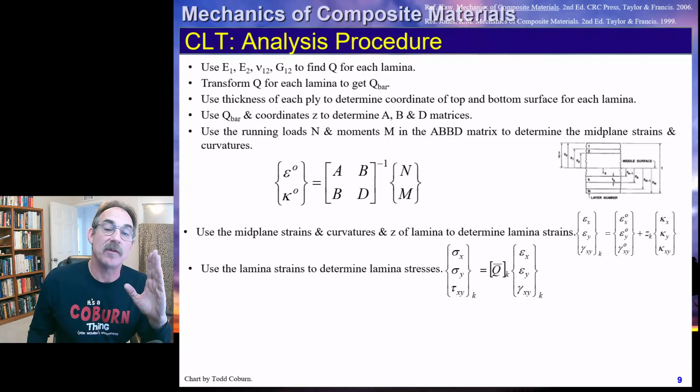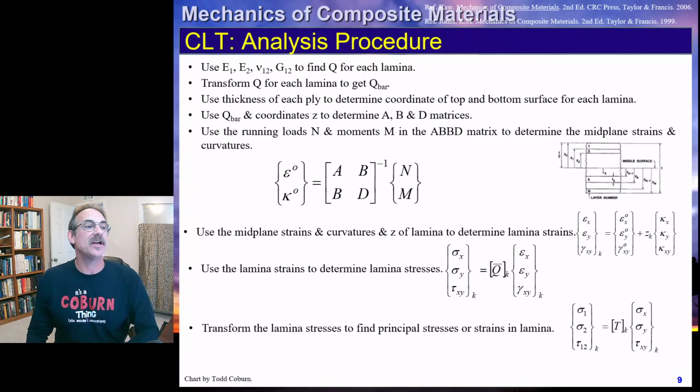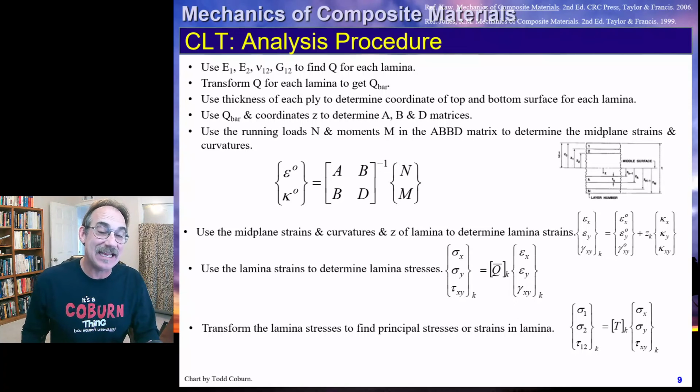We then use the lamina strains to determine the lamina stresses by using Q bar. This transforms from body coordinates of the lamina for strains to body coordinates for stresses in the lamina for each and every ply. We then transform those stresses into the principal material directions using our transformation equation for each and every ply, being sure that we're using the T for each ply with the stresses of that ply to get the material principal directions.